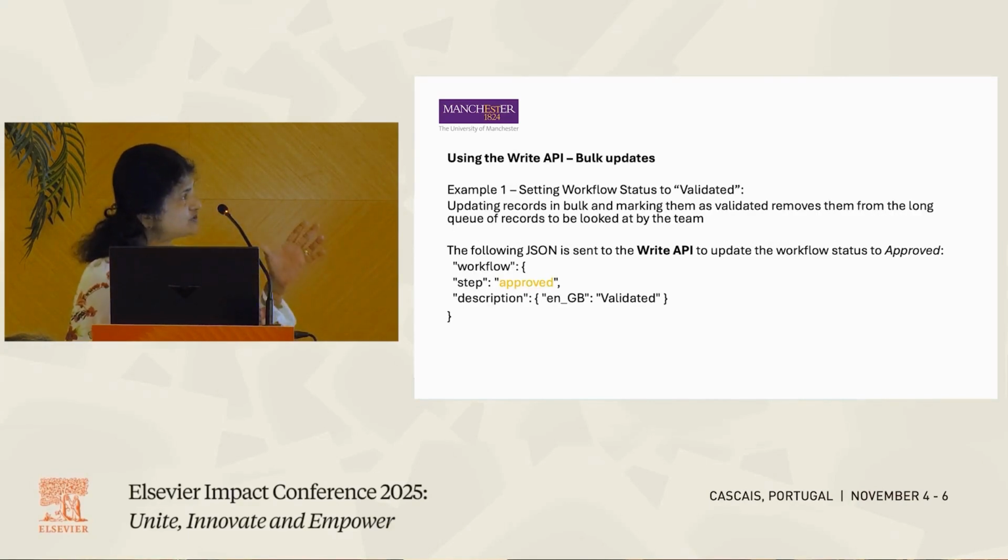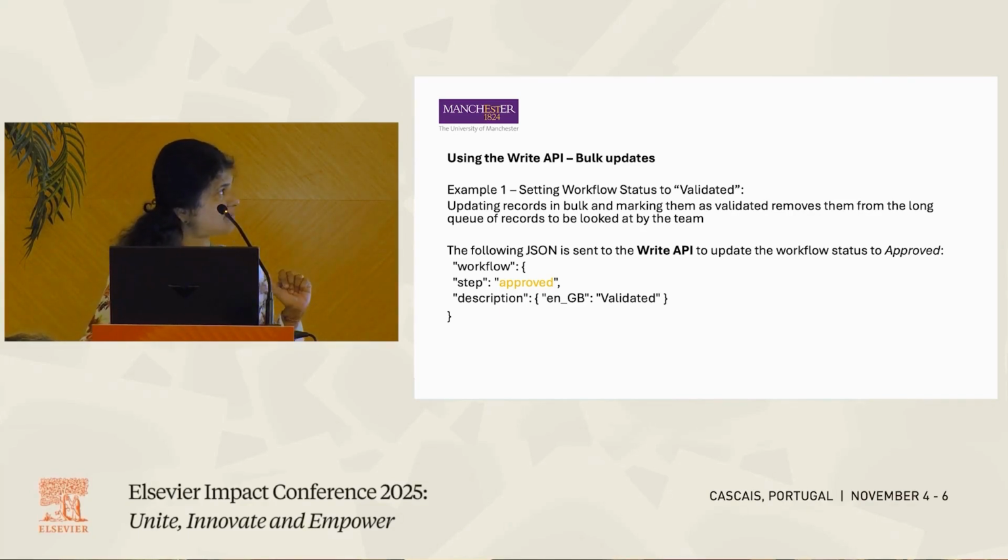For the bulk updates, I'm going to show you three examples. This is the first example, to update the workflow status to validated. By making records validated in bulk, we remove them from the team's long review queue, so that they don't need to do it manually.